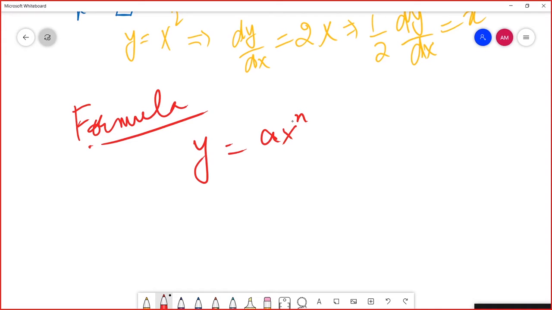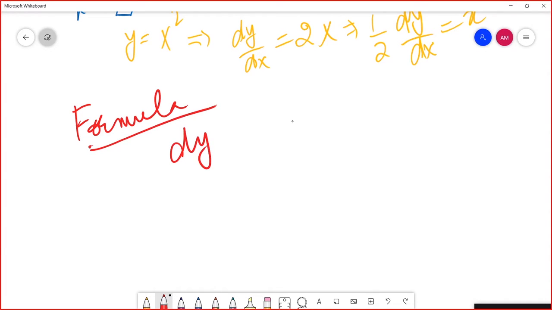Or there is another way of doing it. Let's say we do it two ways. First, I would do like this and try to explain it in another way: dy upon dx is equal to a x^n.